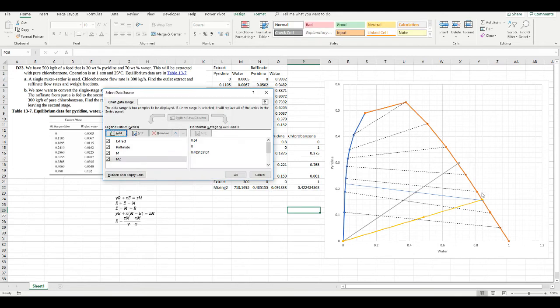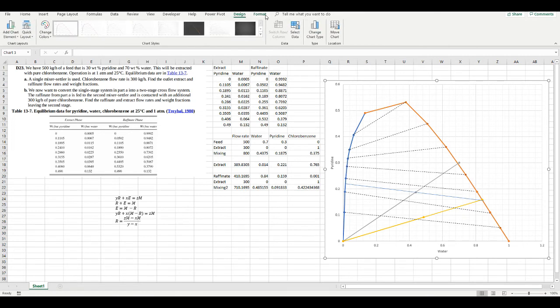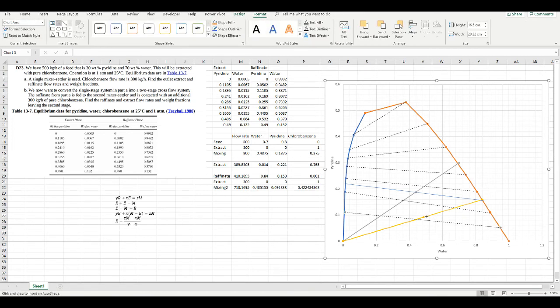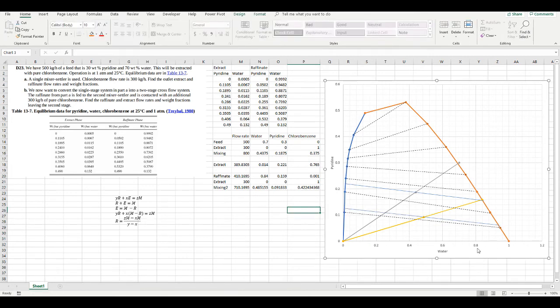Since this was correctly calculated, you can see that the points are collinear, and we can see that the mixing point is now here. So let's draw a new line. You can see that it approximately goes from here to here. There we go.